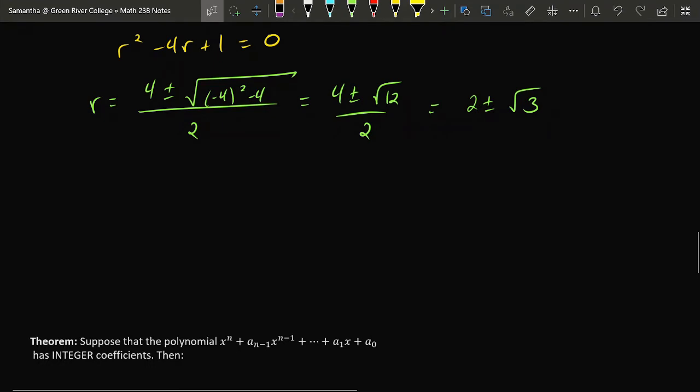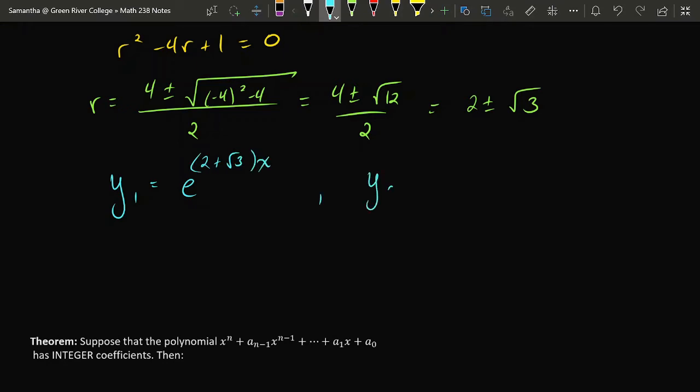So the two values of r given here correspond to our two solutions. One with the positive square root, e to the 2 plus root 3 times x, and the second solution corresponding to the root with the negative sign.